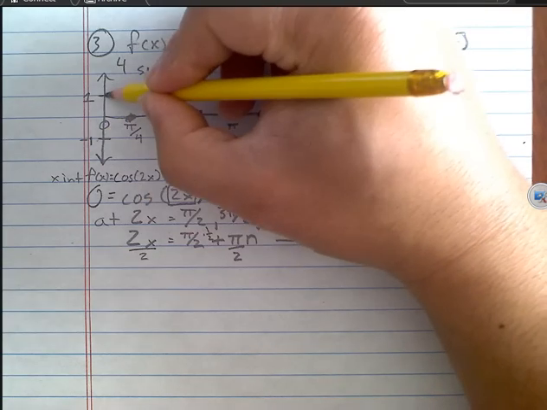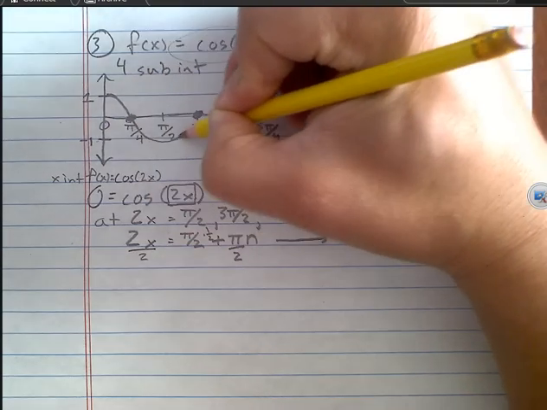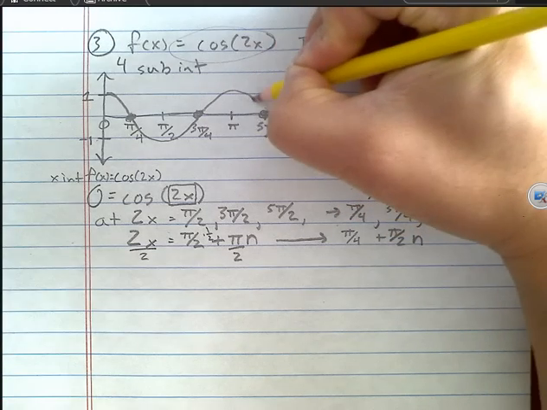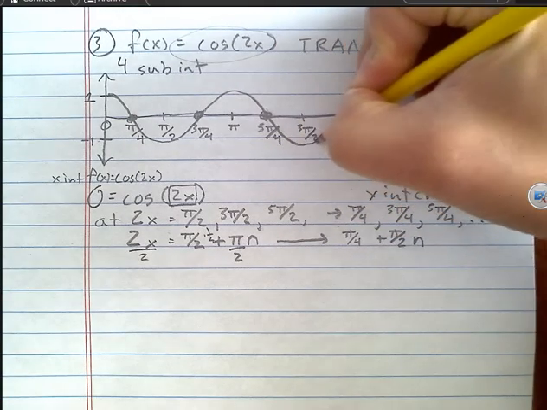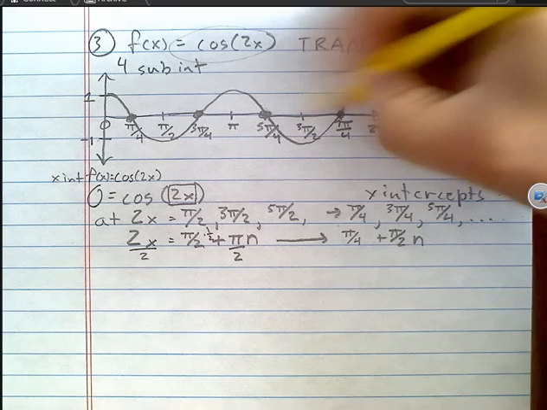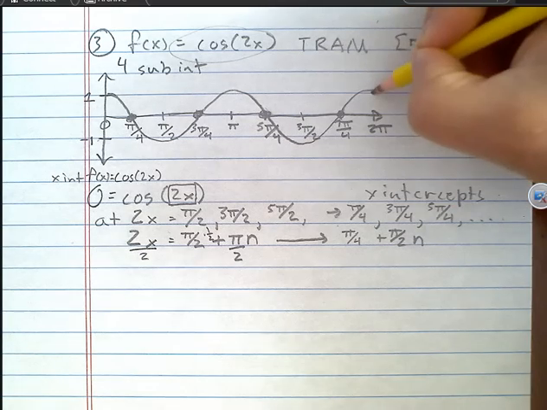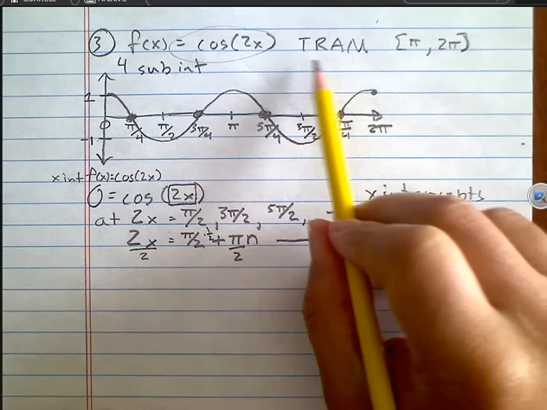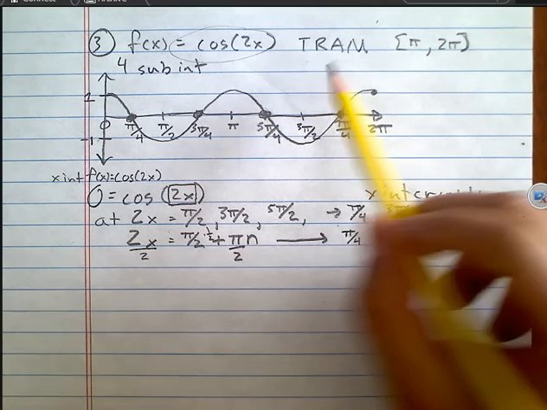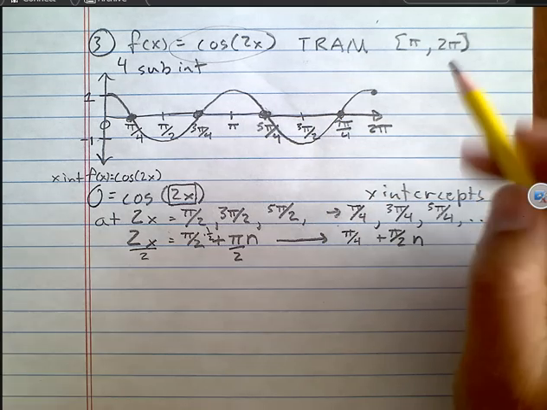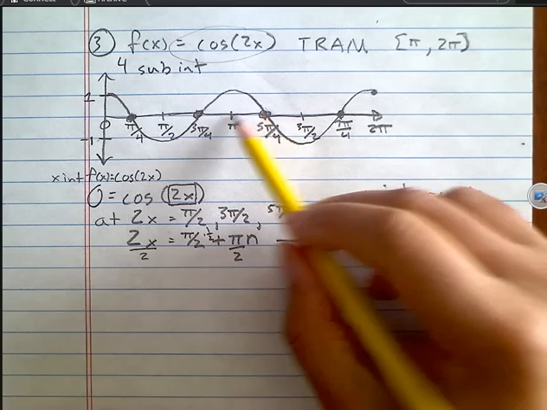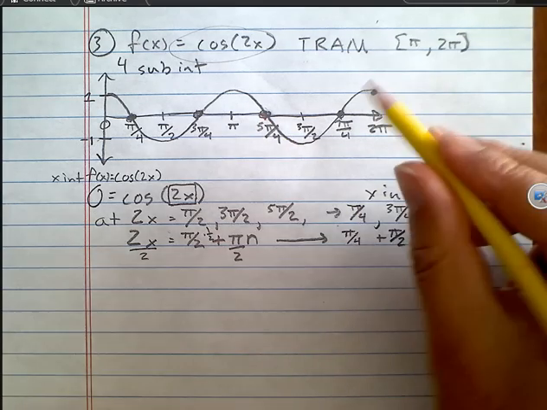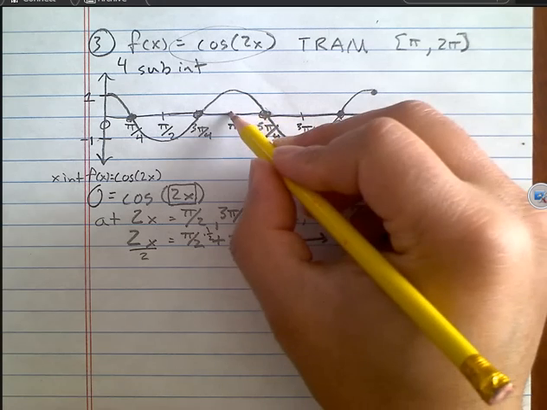So here is what your graph looks like. I know that's not to scale because I just shouldn't have gone lower right there, but I apologize. Alright, so we're looking at a TRAM with 4 subintervals from pi to 2 pi. Let's go ahead and get started.